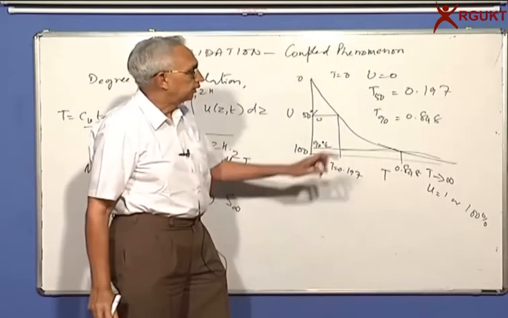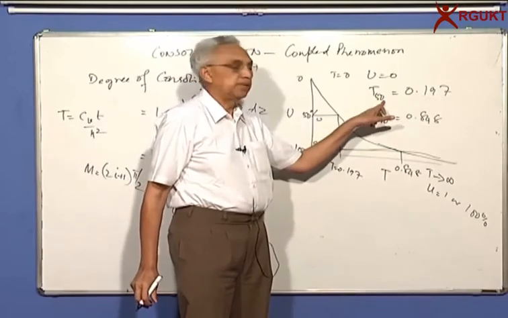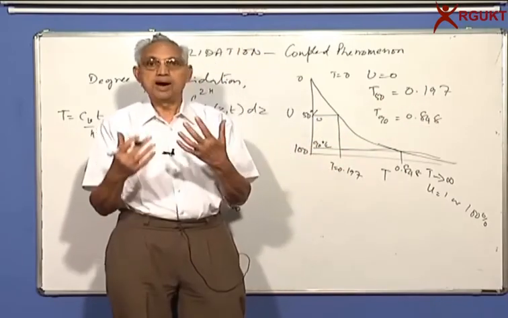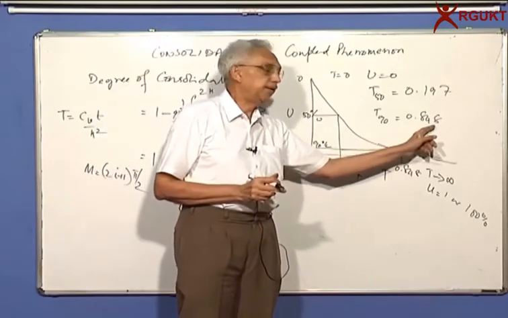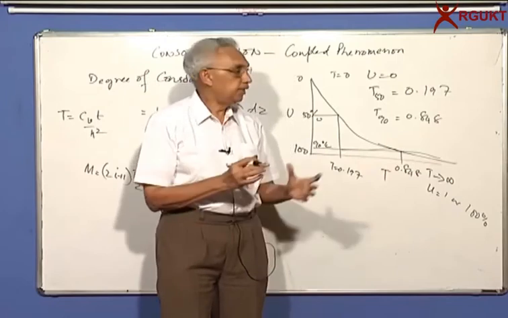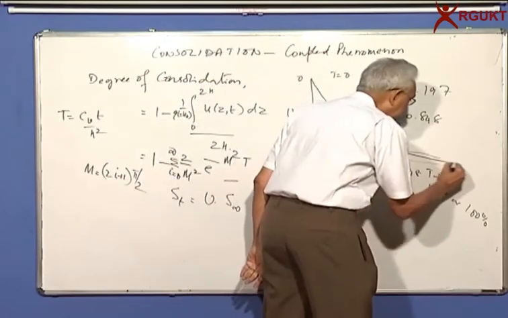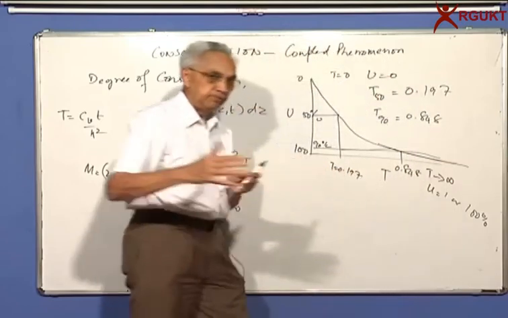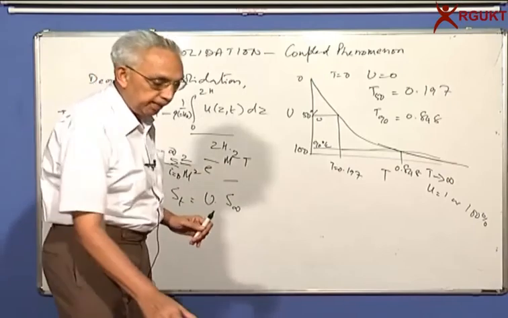What does it mean? If the time factor is 0.197, we will get 50% degree of consolidation. Half the settlement is mobilized. If T is equal to 0.848, 90% of the consolidation is over. And please remember the curve is very flat here, so it takes very long time for 100% to be attained. It's a long tail for this graph.